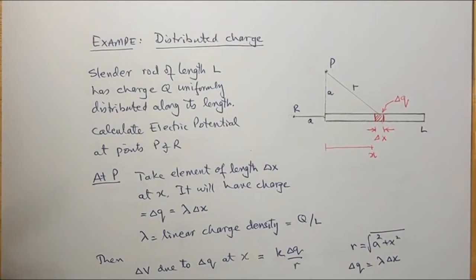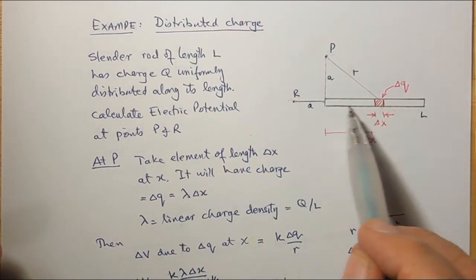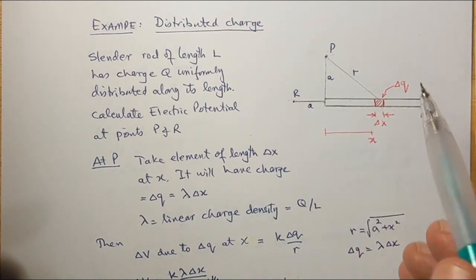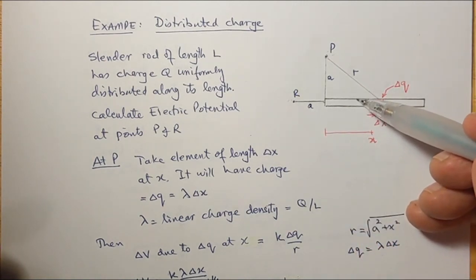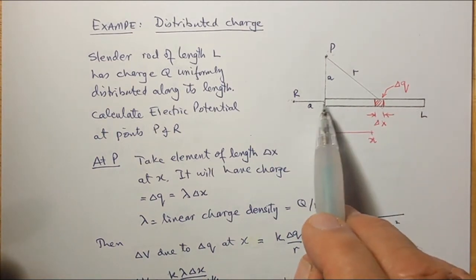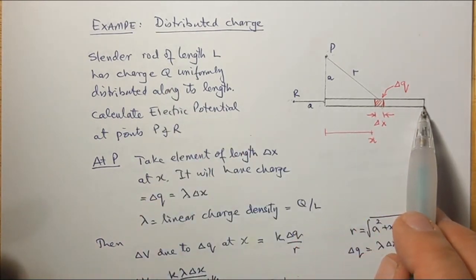Now let's take another example, and this is if we have a distributed charge. So we have a rod that is of length L and very small diameter and uniform charge density. The total charge is Q and it's distributed uniformly over the length.